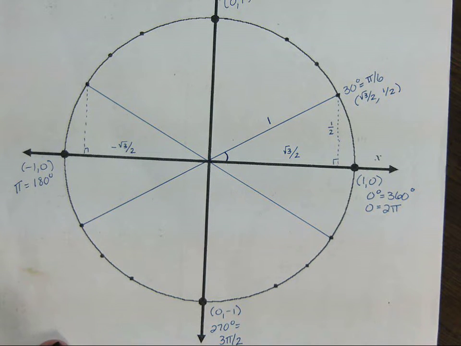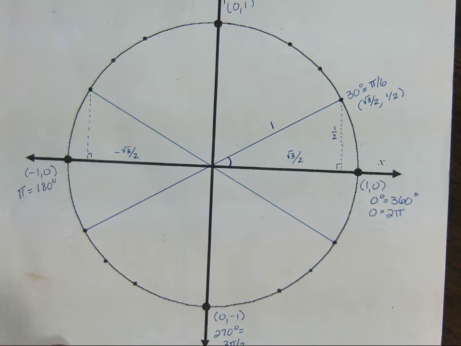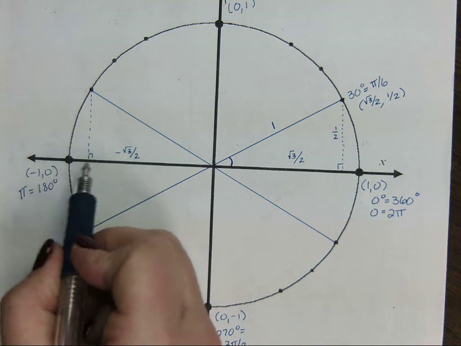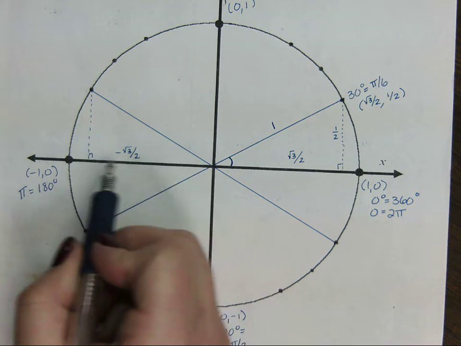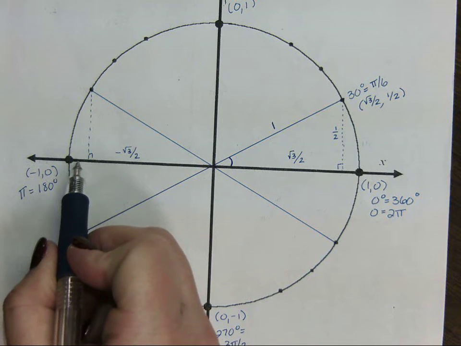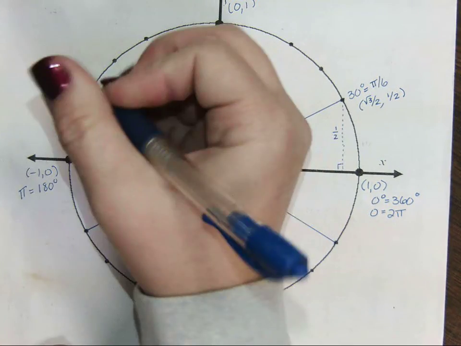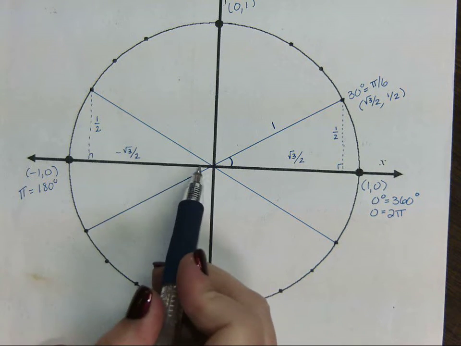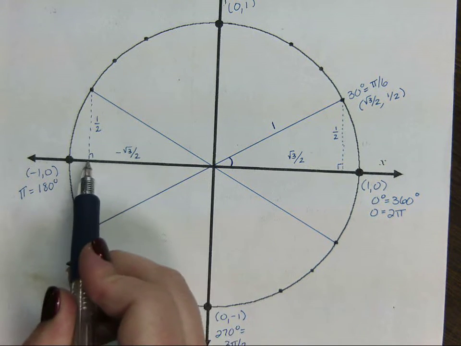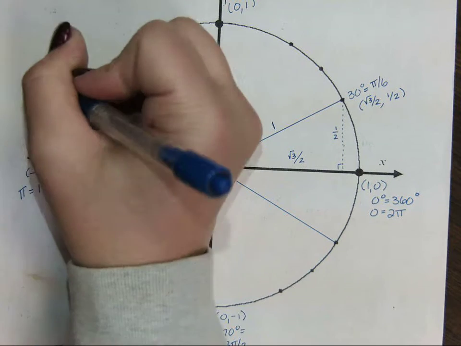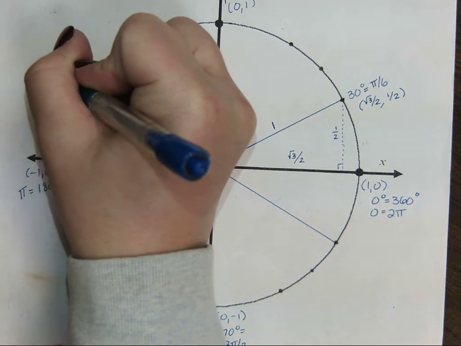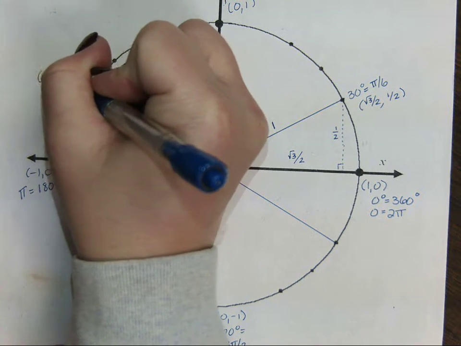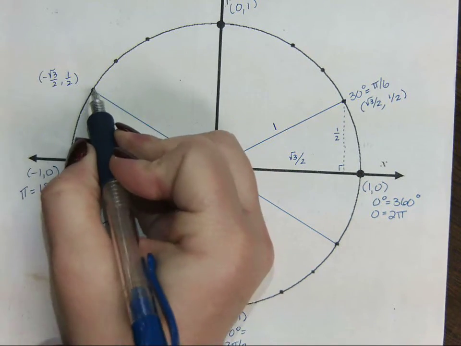So you have to remember that x coordinates on this side are negative, but y coordinates are still positive. This gives me the length and the height of this coordinate, so it is negative root 3 over 2, positive 1/2.